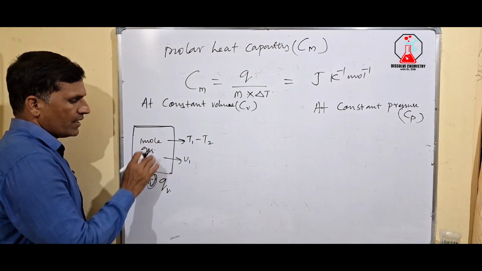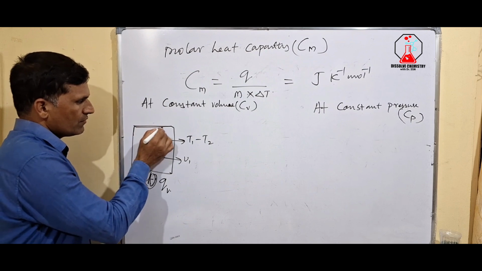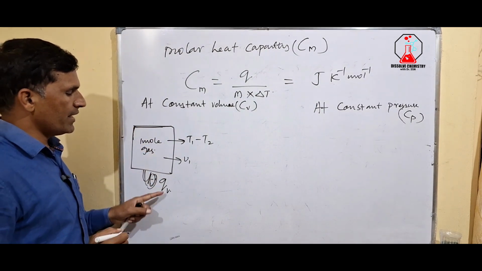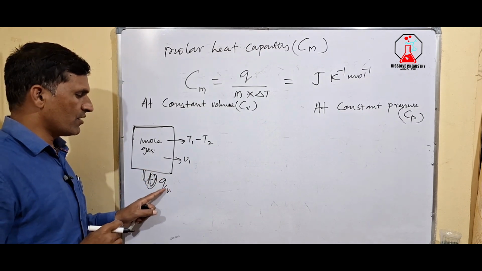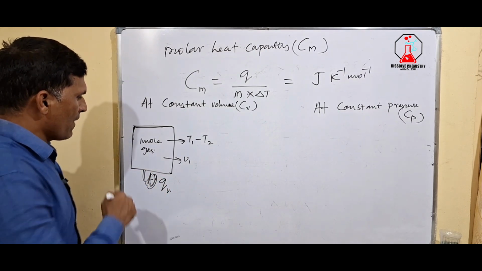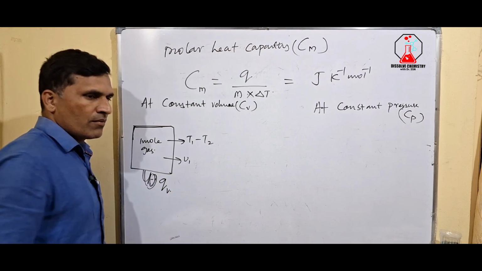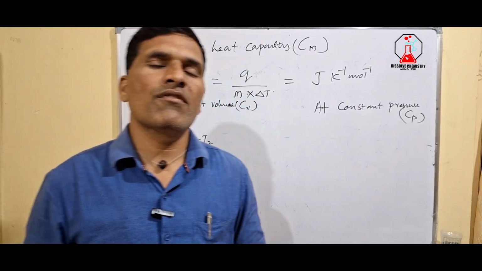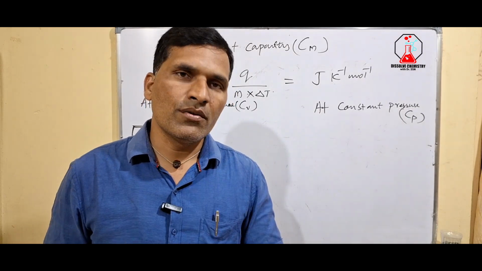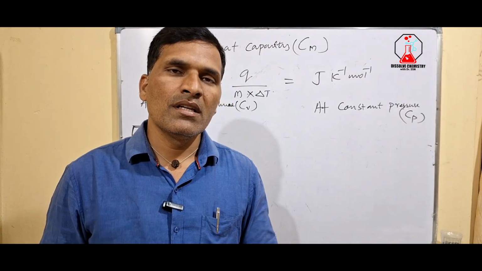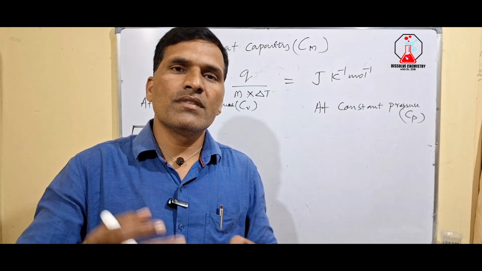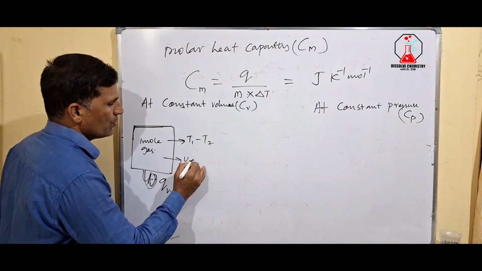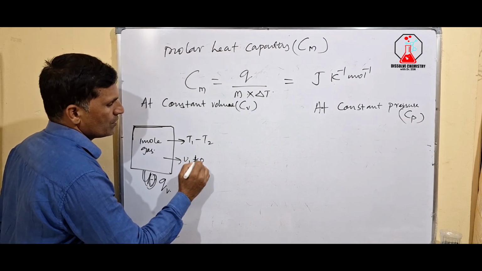As the system is a closed one, the heat supplied at constant volume we represent as Qv. Now what happens, it will absorb the heat energy and its temperature is going to change from T1 to T2. It means the internal energy of the system is going to change from U1 to U2.